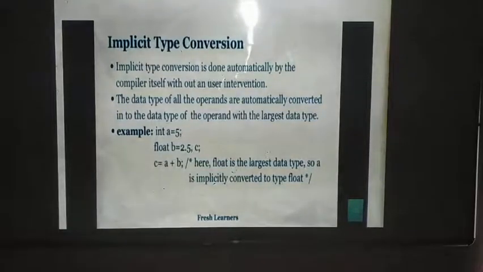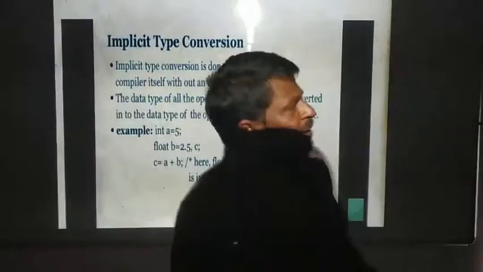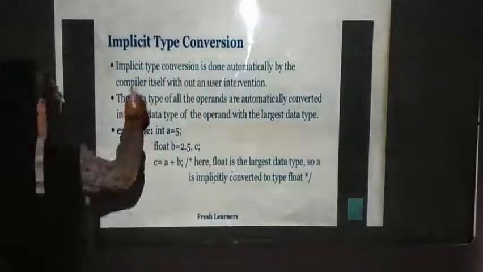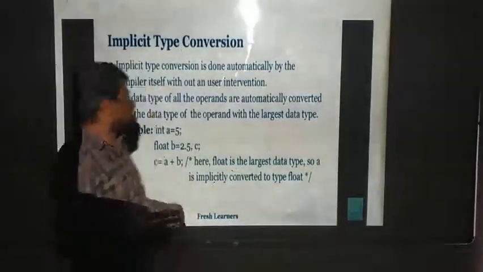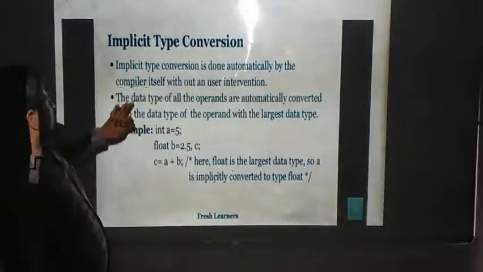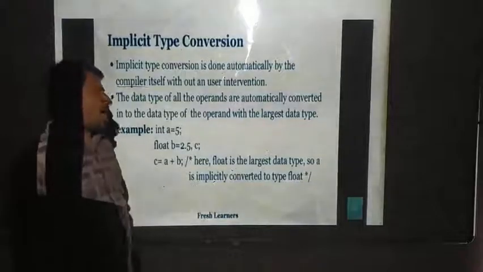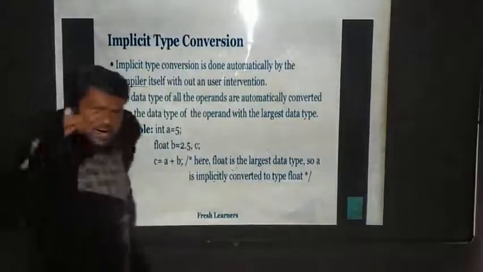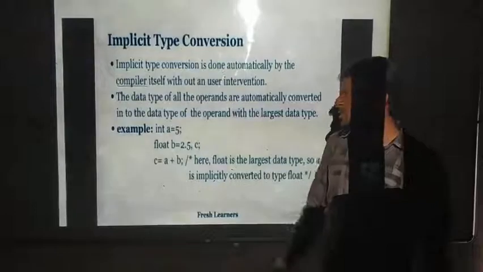The data types of all the operands are automatically converted into the data type of the operand with the largest data type. Implicit means within it, the compiler itself does the conversion process. The compiler decides which is the largest data type when the program is executing.